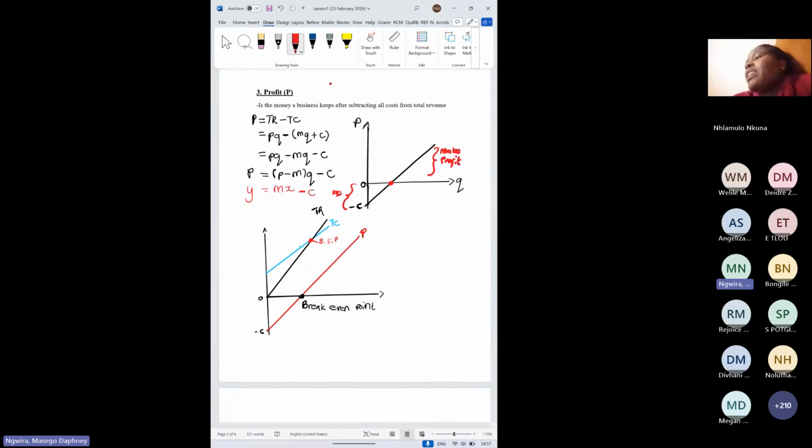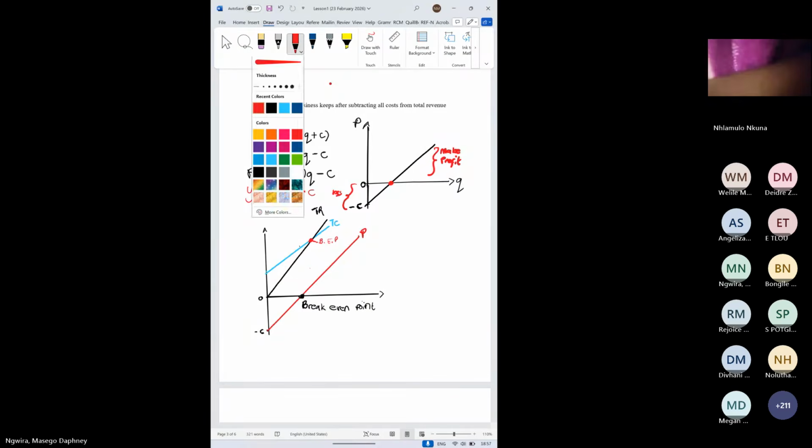So it means that TC is greater and TR is less than TC. From here to here, my TR is less than my total cost because it's under, until this point. So from 0 to this part, this is where the company makes a loss for total revenue and total cost. And also profit for this function.